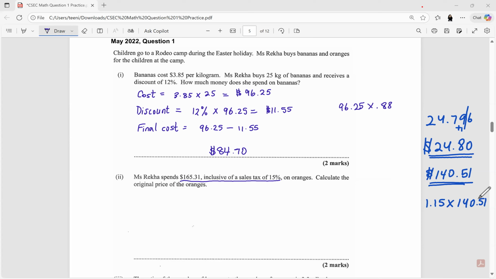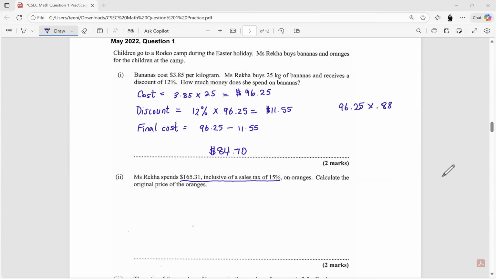So 1.15 times 140.51 is 161.59. And that is not the same as this, is it? Excuse me, miss. All I did was I put in 165.31 and I put 1.15 and then I got my answer. As what?